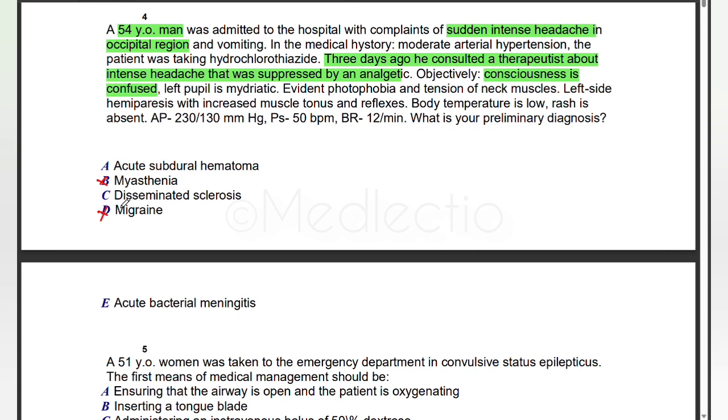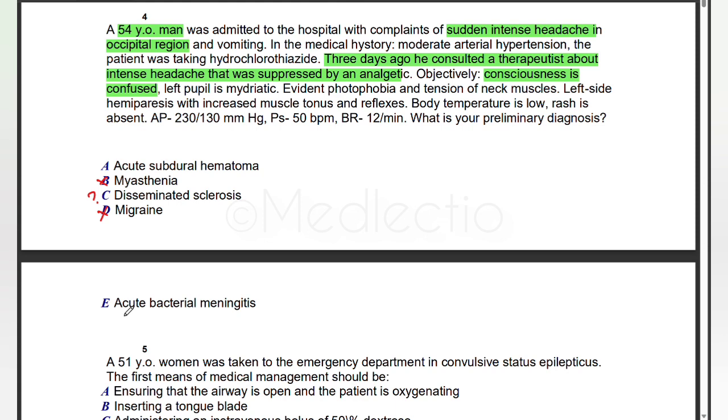Sclerosis we can also exclude, actually, it is not associated with any of these symptoms. We have a history of arterial hypertension, so we keep it here like that.